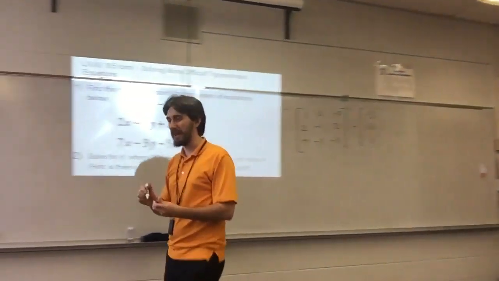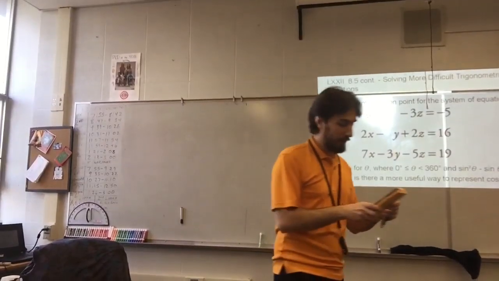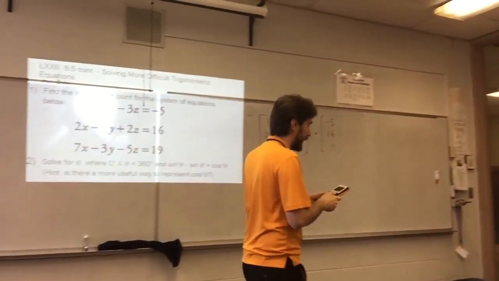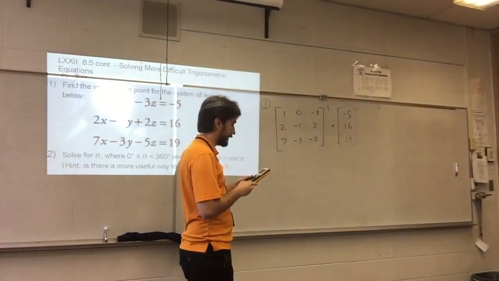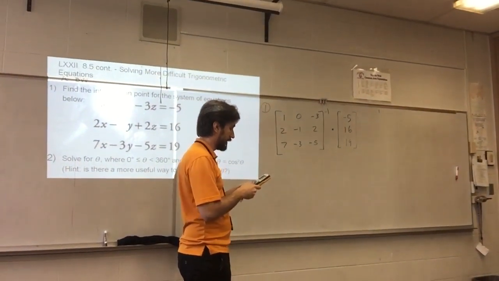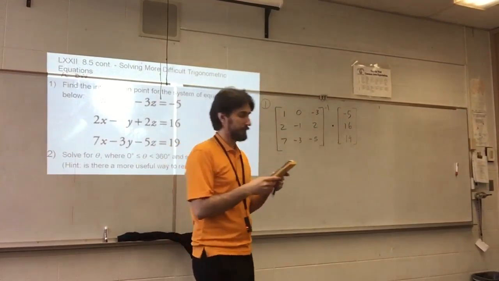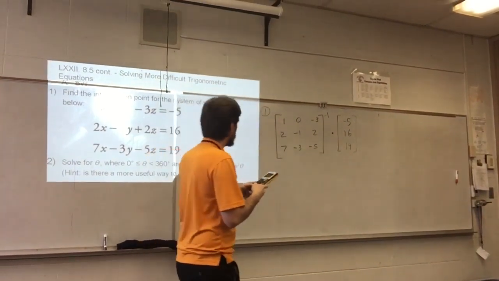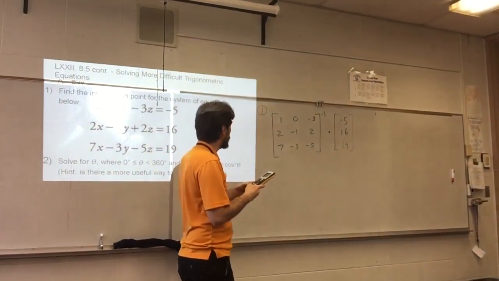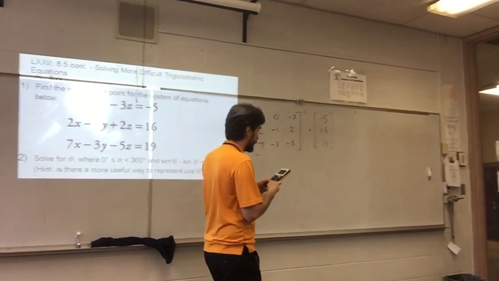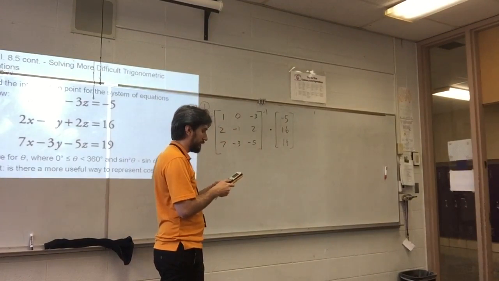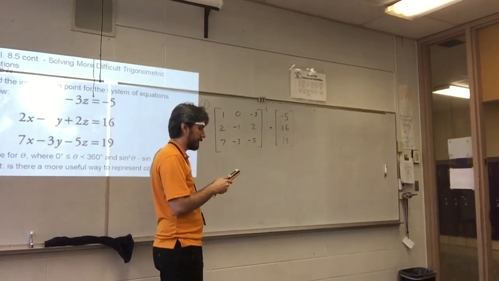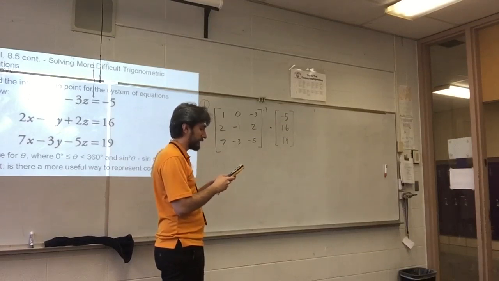All right, so if you grab your calculator to do this, then we're going into the matrix part of the calculator. We need to make a 3 by 3 and a 3 by 1 matrix. 2, 7, -3, -5. And then you have to go back in and make matrix 2 a 3 by 1, and it should be -5, 16, 19.